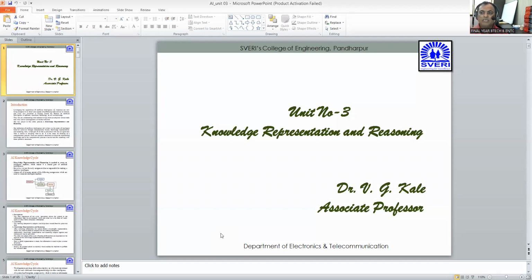Because if you have knowledge and if you represent your knowledge, if you have reasoning, then your common sense increases. That means your knowledge increases. In turn, your logic increases. And that is what artificial intelligence is about. So unit number 3 is about knowledge, about intelligence, making the machine intelligent.